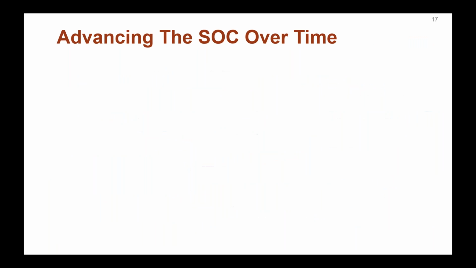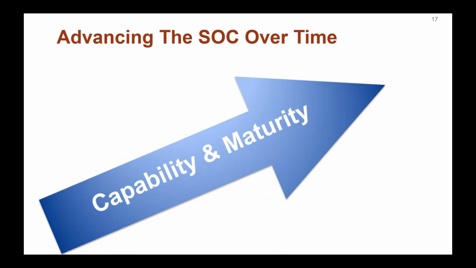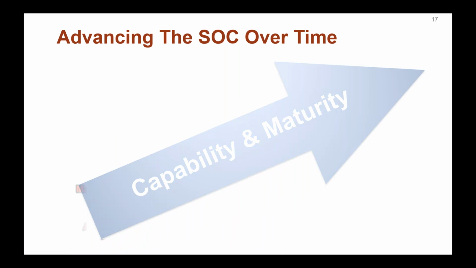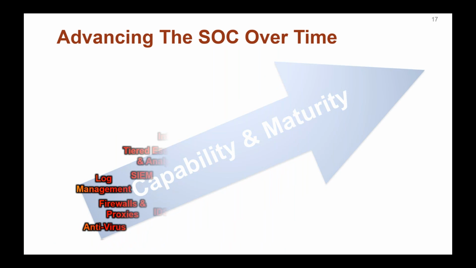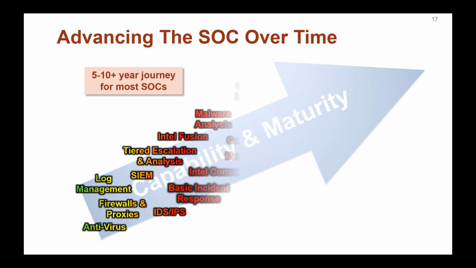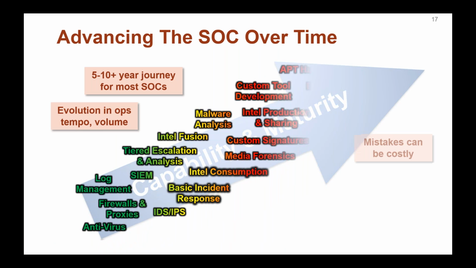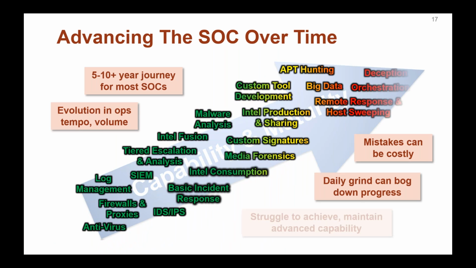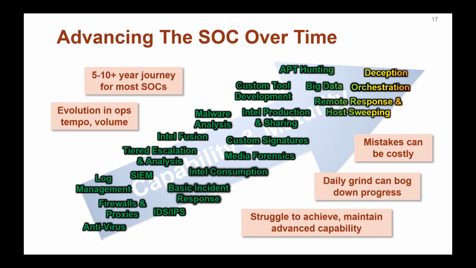Well, here we go. If we look at the capability and maturity of SOCs over time, we can start telling this story. At the bottom left, you're probably working with a bunch of fairly basic technologies, and your processes are ad hoc. They're not measured.